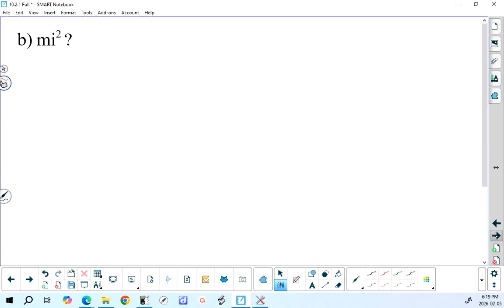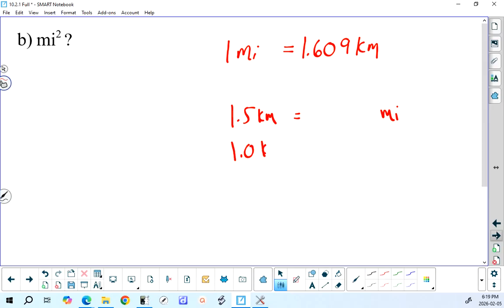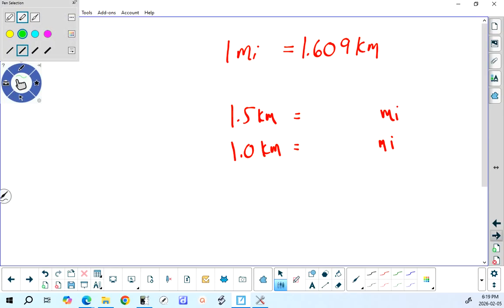B, how do we find the area in square miles? Well, we have to use the piece of information on our formula sheet that says 1 mile is 1.609 kilometers to convert the 1.5 kilometers to miles and the 1.0 kilometers to miles, so that we can take whatever we get for the length in miles and multiply by whatever we get for the width in miles.